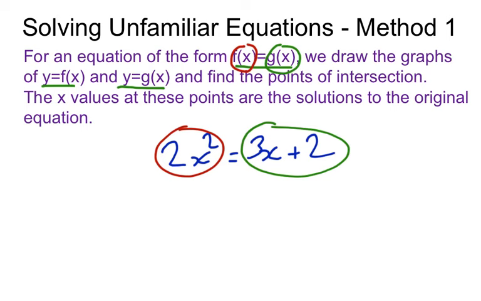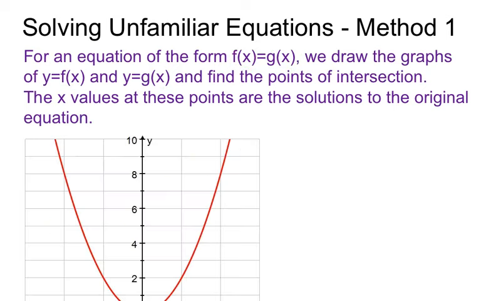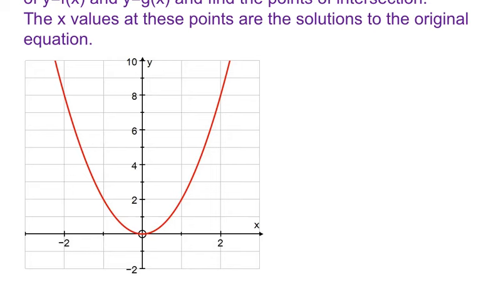So what we do is we first plot y equals 2x squared, and then we plot y equals 3x plus 2. So we can do this on our graphics calculator in the exam, and when we plot y equals 2x squared, we get this graph here. So this one here is y equals 2x squared.